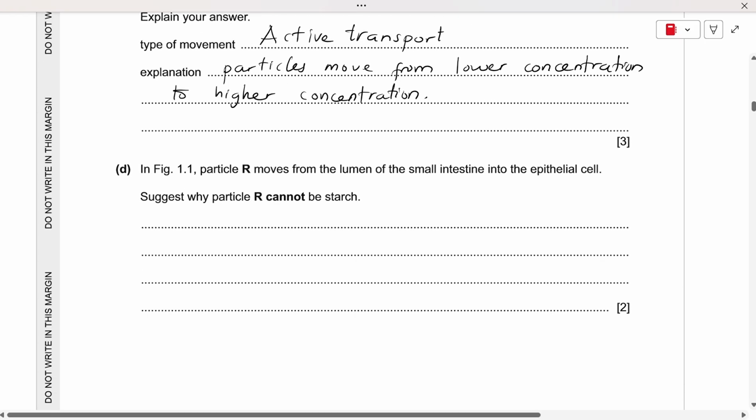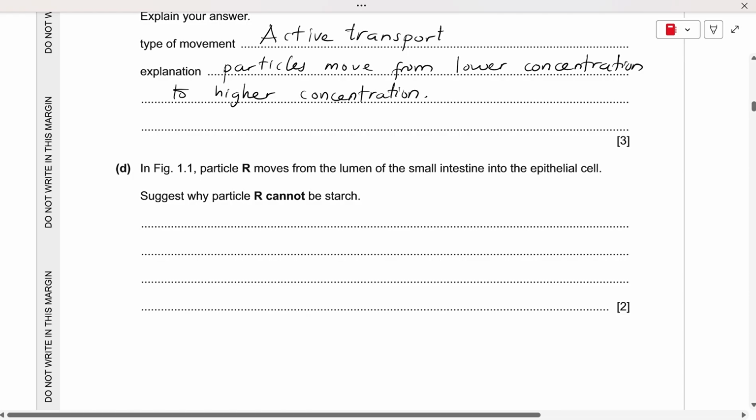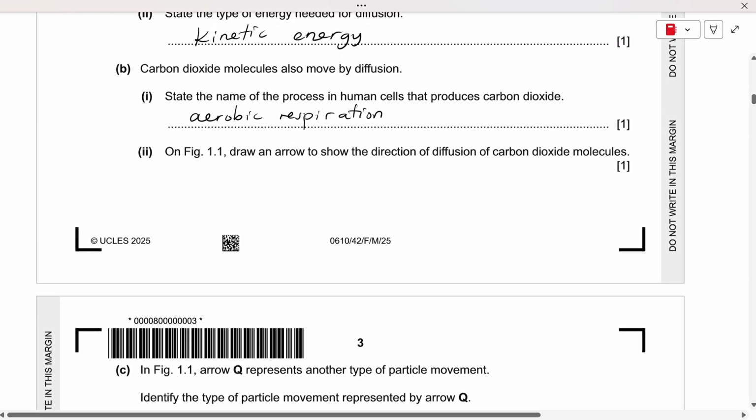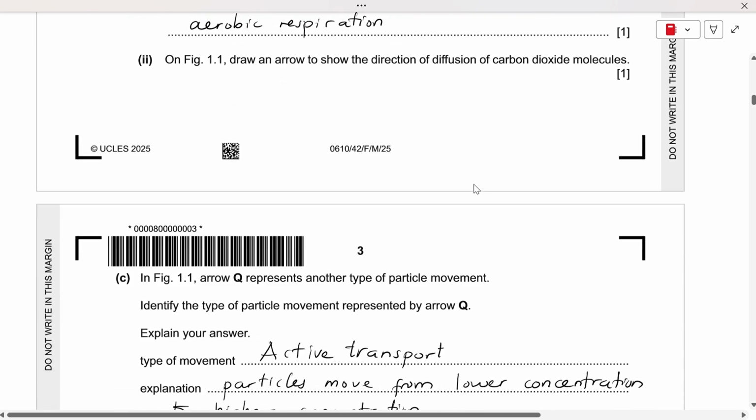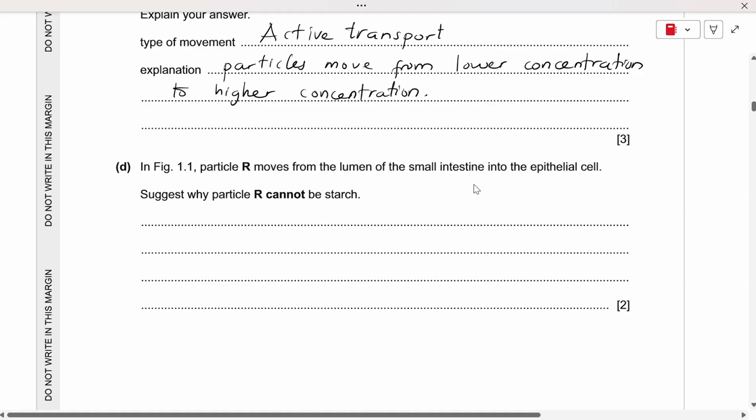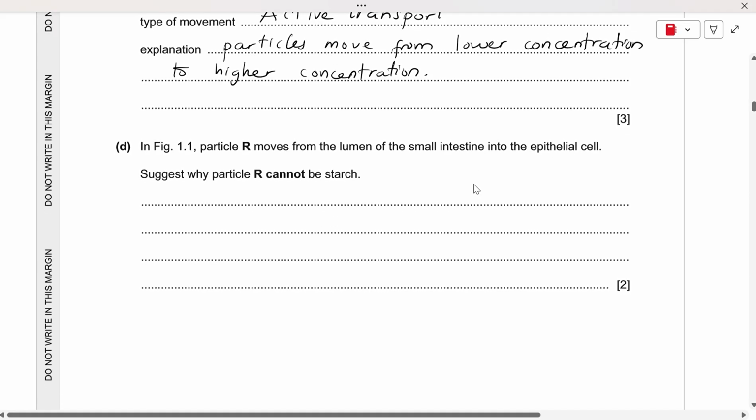Okay, this says in figure 1.1, particle R moves from the lumen of the small intestine into the epithelial cell. Suggest why particle R cannot be starch. Okay, so it's moving from the lumen into the epithelium. Alright, why can it not be starch? First of all, we have to know that starch is too large for it to move.